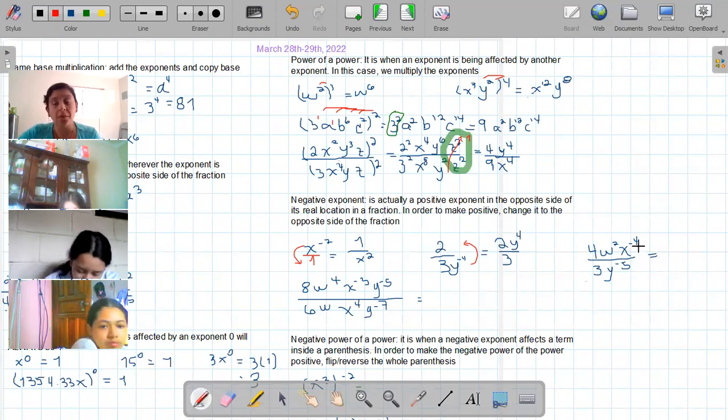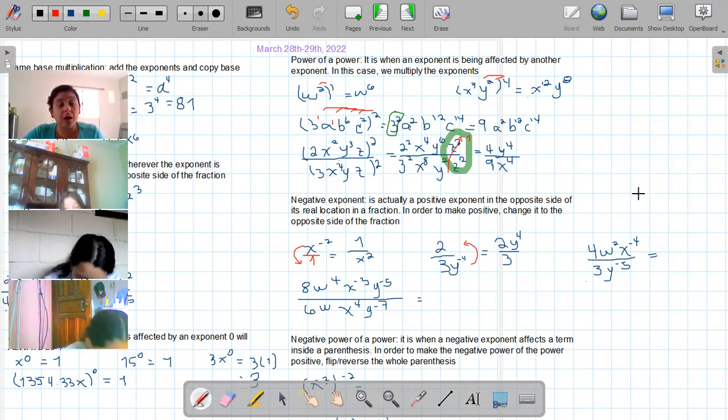Now go to the 3rd one. We got 4w squared x to the negative 4, everything over 3y to the negative 5. Again, we're going to look at where we need to move. In this case, the 4 is normal. It doesn't have a negative exponent, so I copy that.